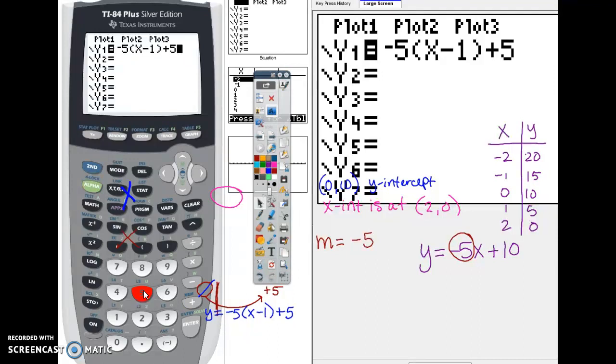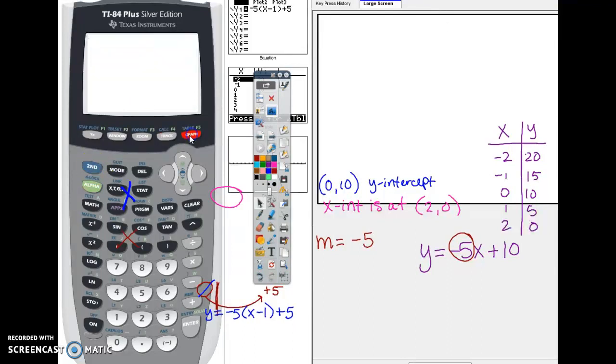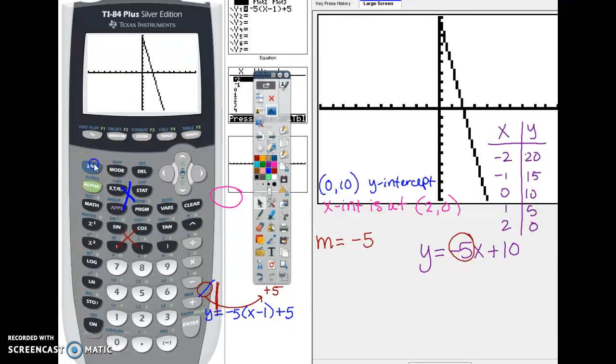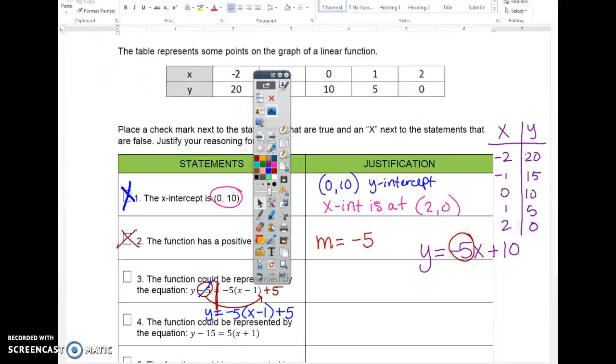You can look at trace, okay, and see if that's what the line looked like before, yes or no. Or you can look at second graph and make sure that the table matches your table. So negative 2 gives you 20, negative 1 gives you 15, 0 gives you 10, 1 gives you 5, 2 gives you 0. Is it the same equation? Yes. So that's a true statement, and we put a check.